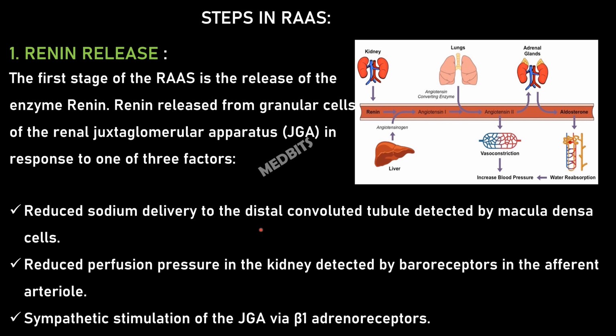The second is reduced perfusion pressure in the kidney, detected by the baroreceptors in the afferent arteriole. And the third reason is sympathetic stimulation of the JGA via beta-1 adrenoreceptors. Any of these 3 reasons can contribute to renin release from the JGA.